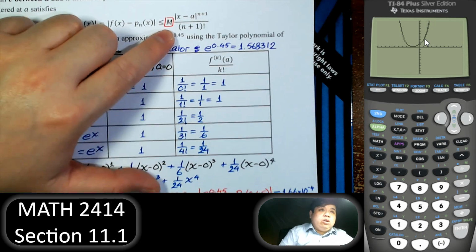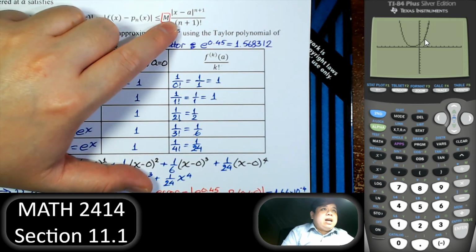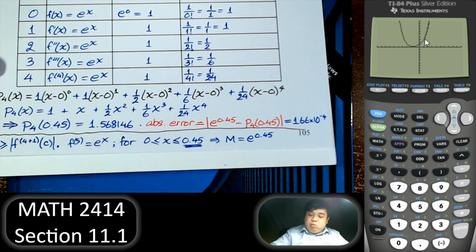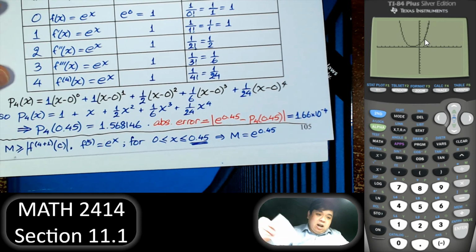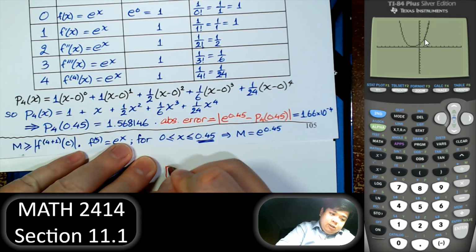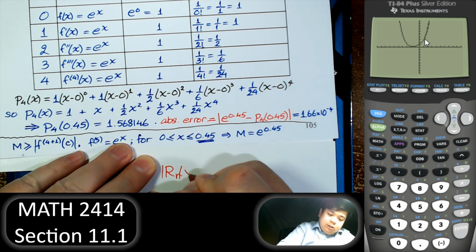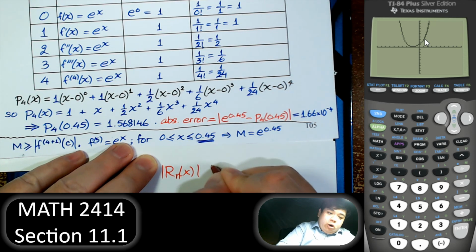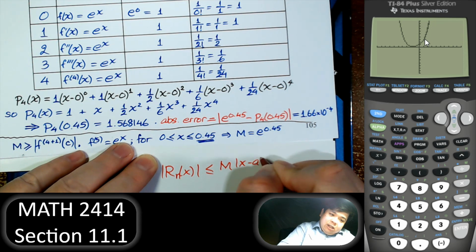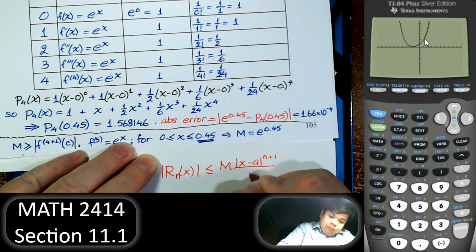And finally, we just take M times x minus a. I apologize that we run out of space here, but the error, the remainder, will be no more than M times x minus a to the n plus 1 over n plus 1 factorial.